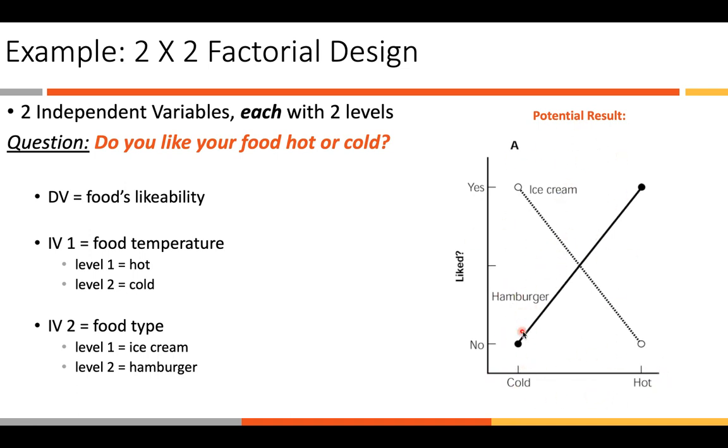Or maybe it's a little easier to explain it the other way in this example. One variable, which is food type, impacts the impact of the other variable, temperature. So whether something is hot or cold is an incomplete question. We need the addition of this second variable in order to reveal the true effect.